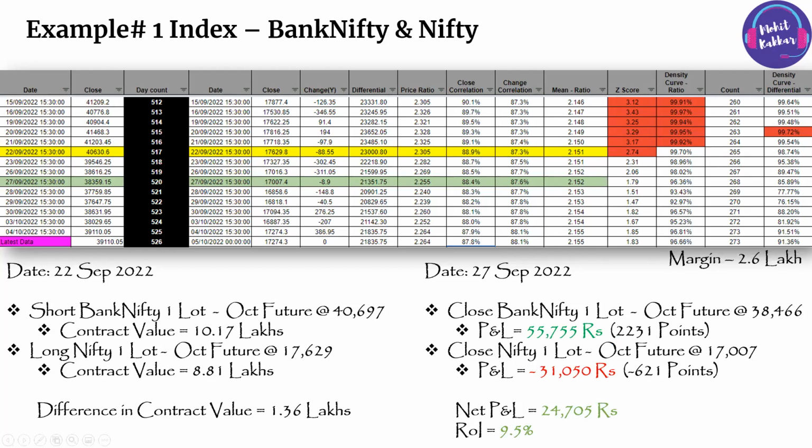By plain math this is 9.5%, but how I personally do it, I keep a buffer margin. For example, if this trade hit the stop loss, the stop loss would have been, let's say, 15,000 for me, if I am not doing averaging at all. So if it hit 15K, that is hardly 1.5% of the 10 lakh I have kept for this strategy. I am not using the whole 10 lakh, 7.5 is being used somewhere else for some option trading.